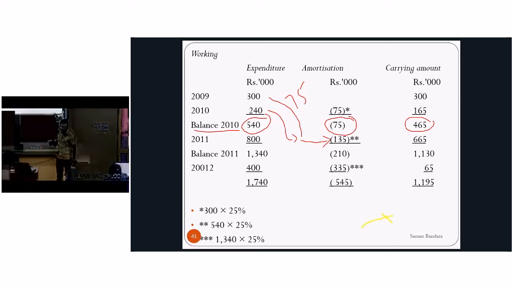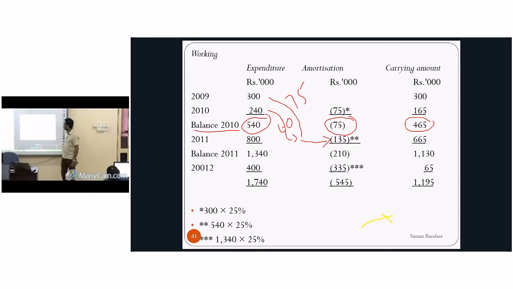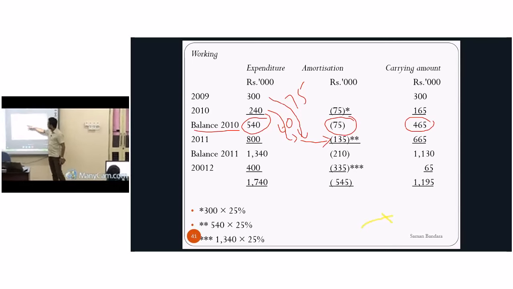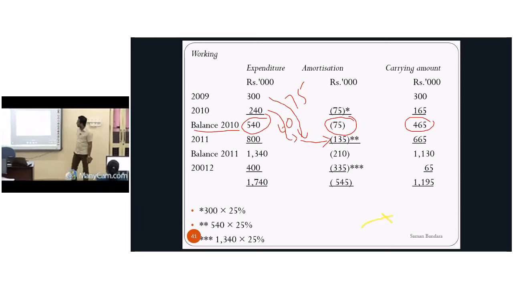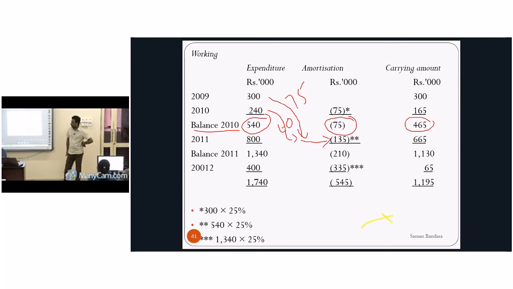How to take 60? 240 divided by 4. Understand? Then it's 135 for the second year. Not second year, third year, meaning 2011. It is our comparative year.